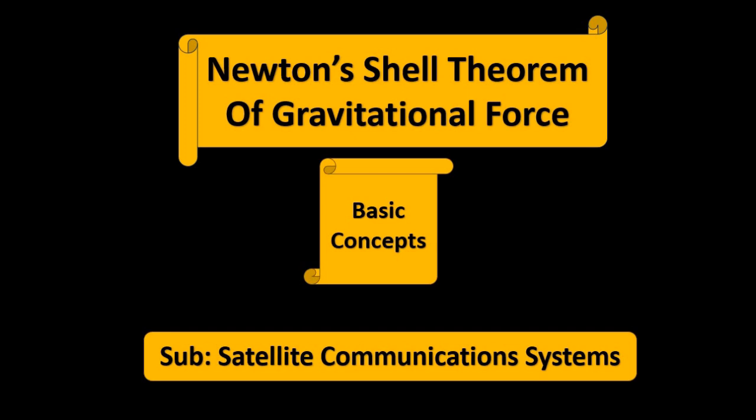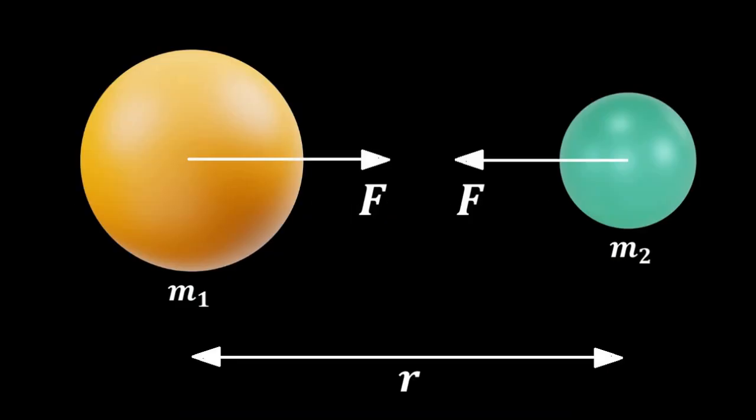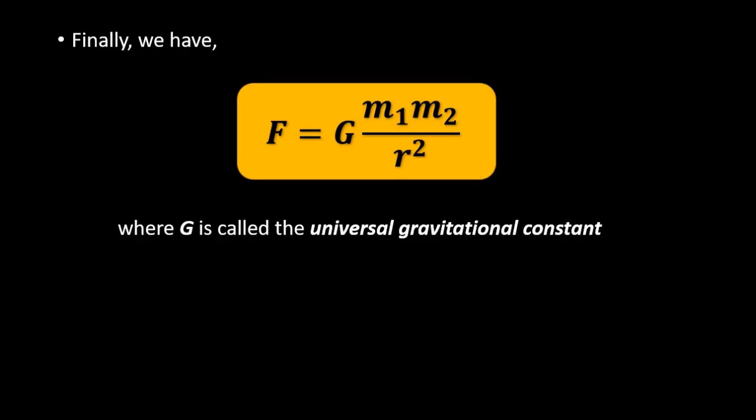So far we have discussed the basic universal law of gravitation: the gravitational force of attraction between two objects of different masses m1 and m2 separated by a distance r between their centers is given by F equals G m1 m2 by r square. It is directly proportional to the product of the two masses and inversely proportional to the square of the separation distance. G is the universal gravitation constant.